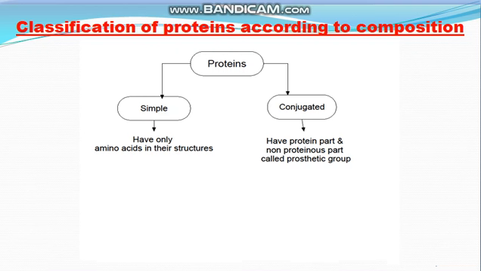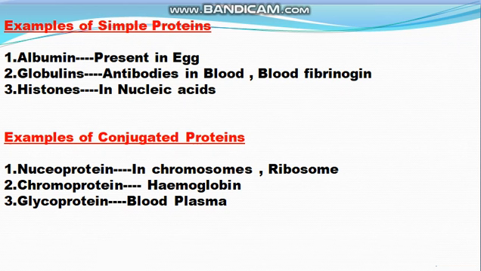So this is the classification of protein according to the composition: simple proteins having only amino acids, and conjugated proteins having a proteinous part made up of amino acids and a non-proteinous part known as the prosthetic group.